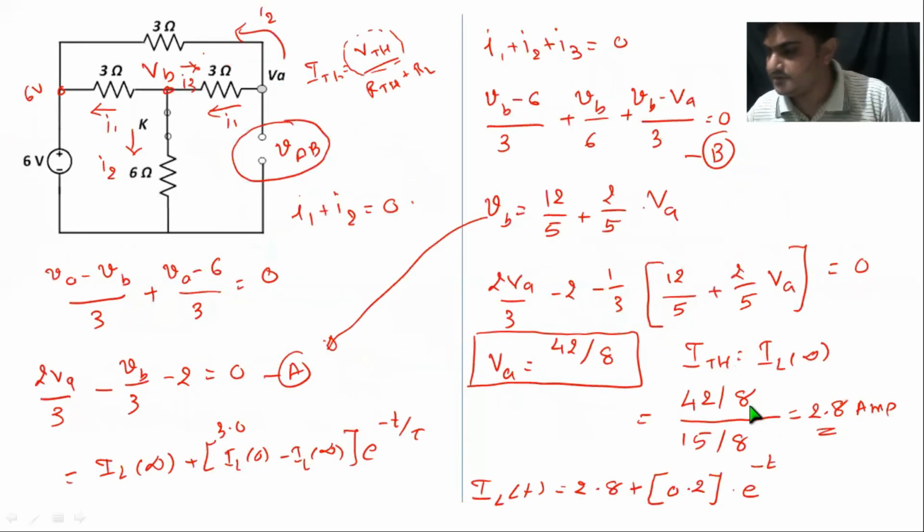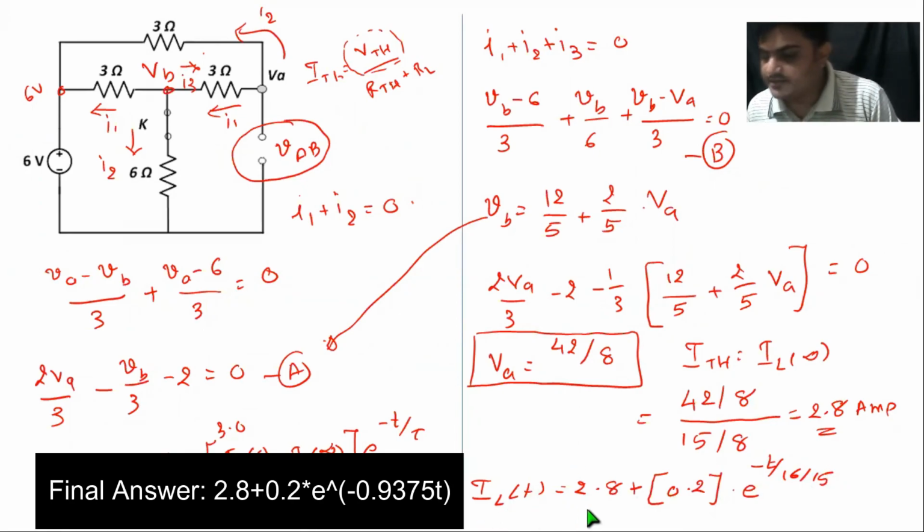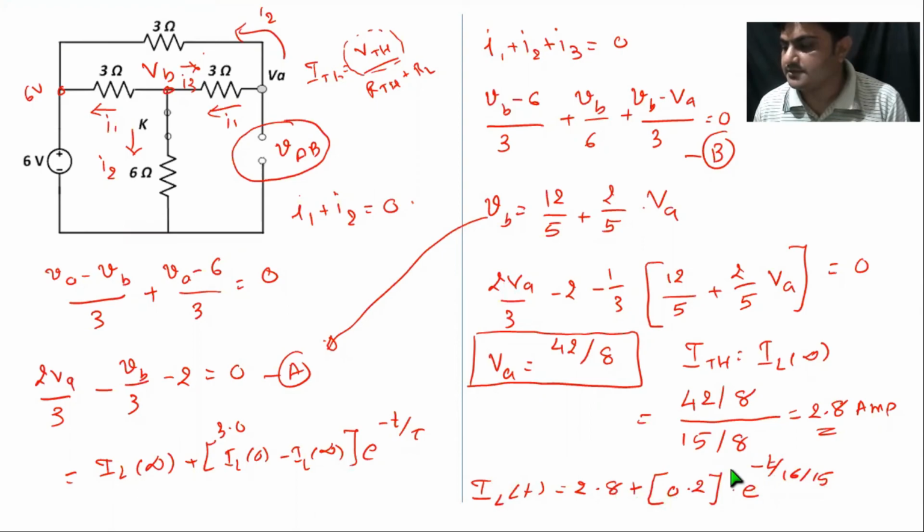Let me write down this value. If you further simplify this, you will get 2.8 plus 0.2 e raised to minus 0.9375t. Okay, this is your final expression.